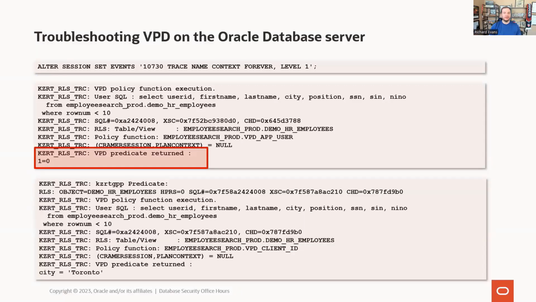Here's another example, same kind of query. The query is exactly the same, right? That query on line 4, user SQL, is exactly the same in both examples. But what has changed is that last line, where the predicate returned has now changed to city equals Toronto. So if you are trying to troubleshoot some VPD issues on the database server, you can do your session and then run this.